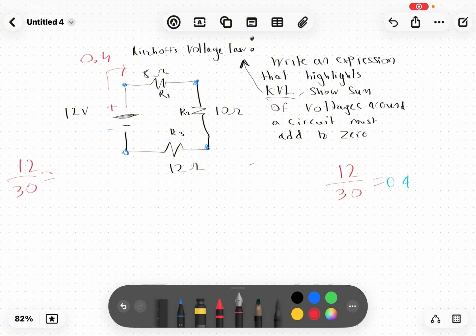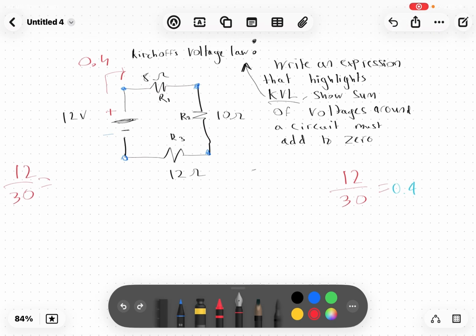After we found that, the current is the same everywhere because this is a series circuit. In series, the current is the same everywhere. We should already know this.